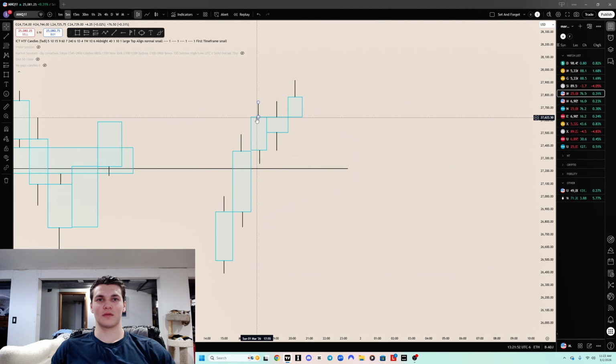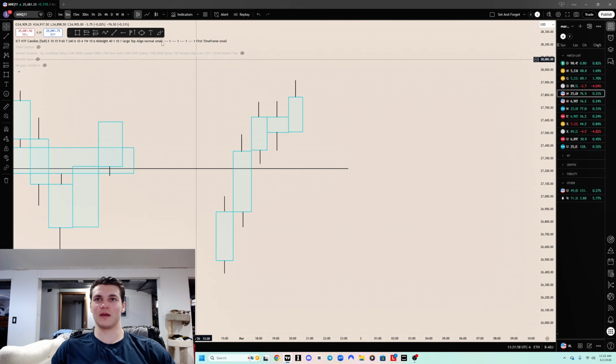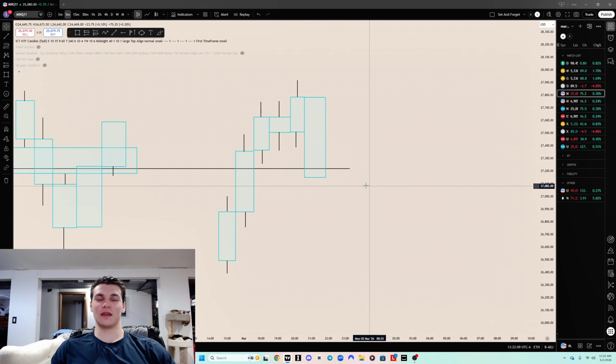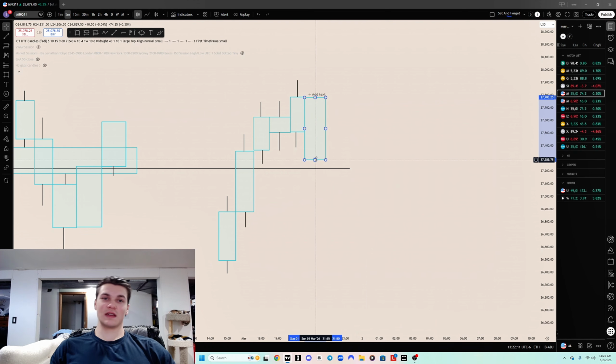Wait. If a candle opened up here and closed like this, that means this candle would have to open up something like that, but it doesn't matter. But still, let's just pretend this is still doing this, and then you start having candles closing lower.